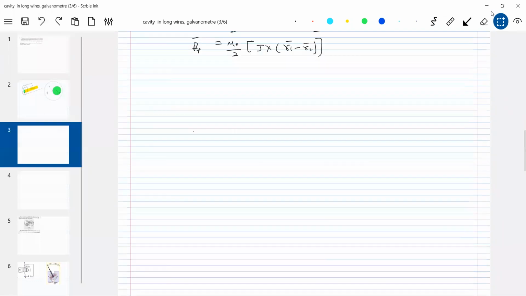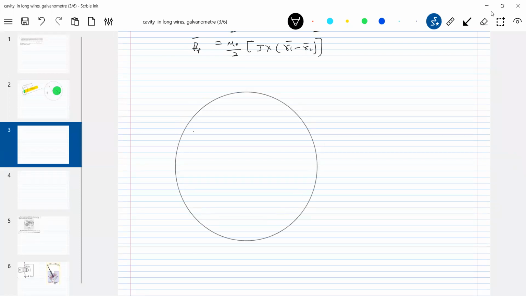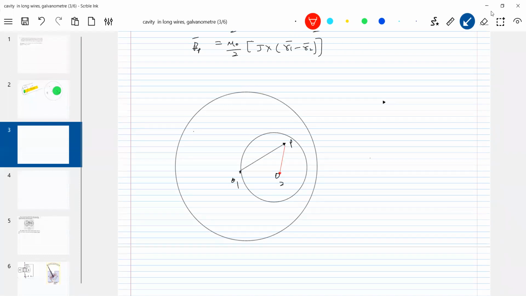Let me draw a fresh one. And this is the cavity, no? This is the point O1, O2, and this is the point P. Let me define the vectors here. This is R1 bar. This is minus R2 bar.